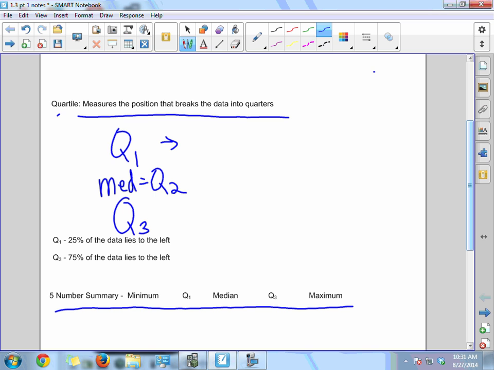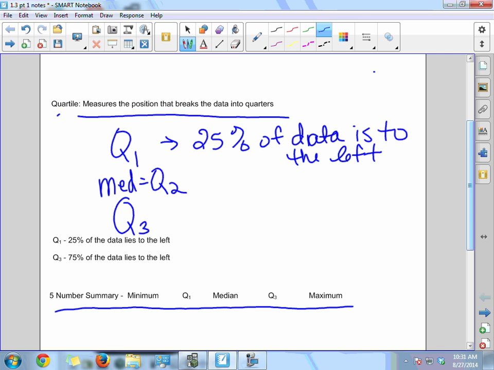And the idea is that 25% of the data is to the left of Q1, or let's say approximately, because depending on the number of data points you have, you may not be able to break it into quarters very easily.